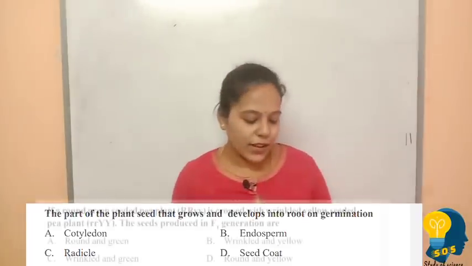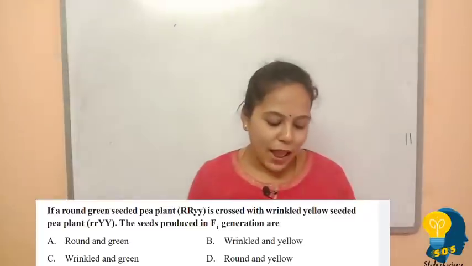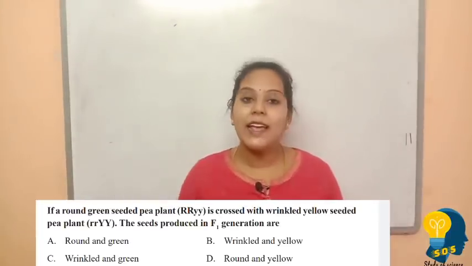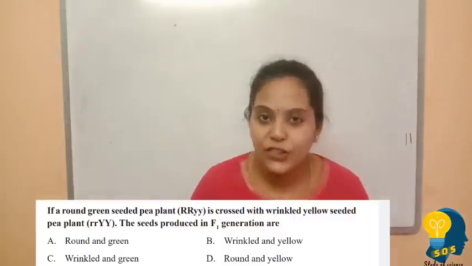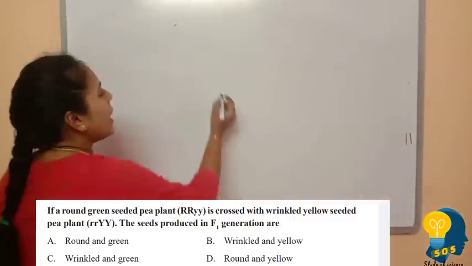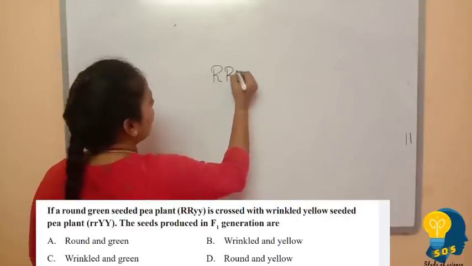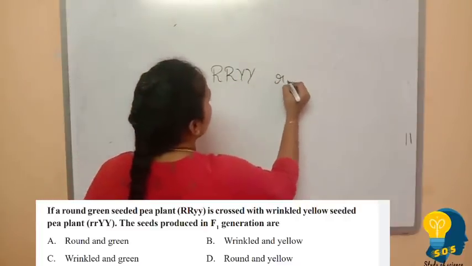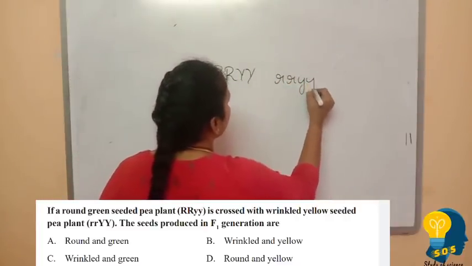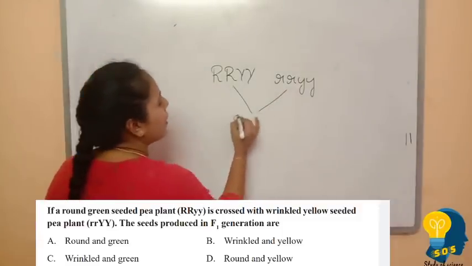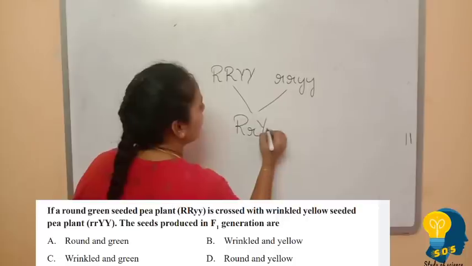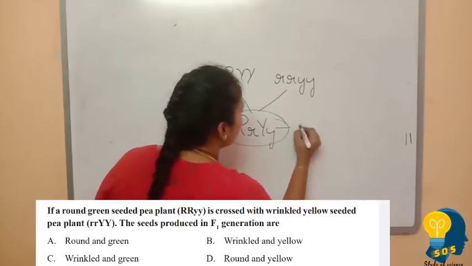And the next question is, if a round seeded pea plant is crossed with a wrinkled green seeded plant, the seeds produced in the F1 generation. See here, round yellow means capital R, capital R, capital Y, capital Y. Wrinkled green means small r, small r, small y, small y. On crossing, we will get the product as capital R, small r, capital Y, small y in the F1 generation.